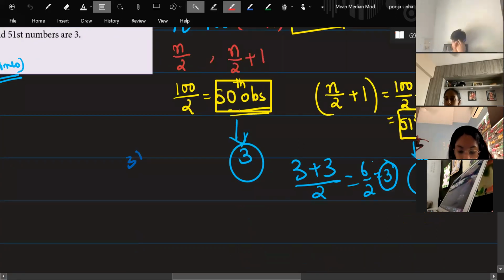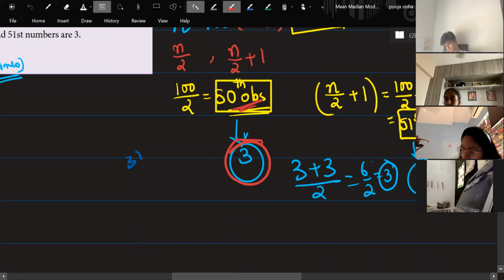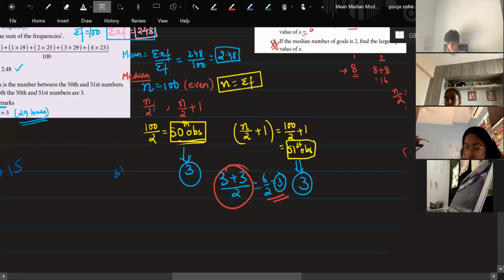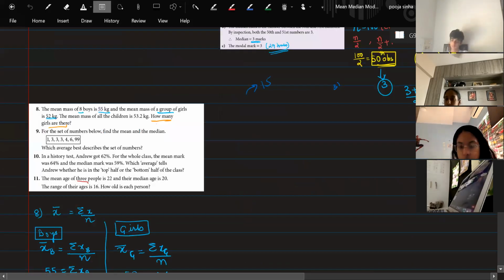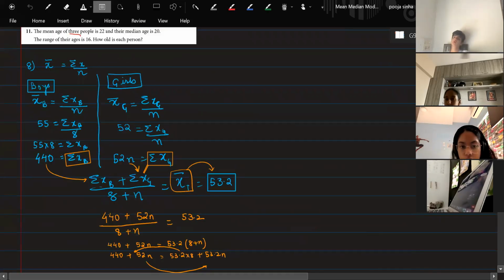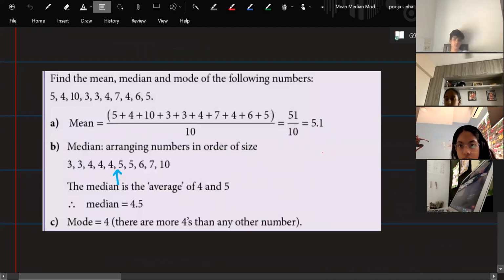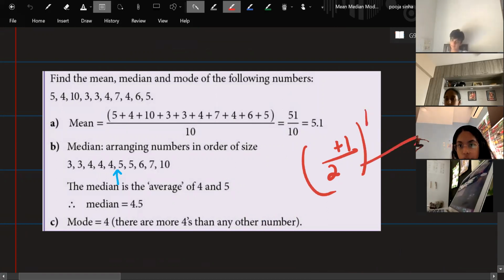So 50th observation was 3, 51st was also 3. So average of 3 and 3, you got a 3 only, right? But what do you do for odd? When n is odd, you do straight away n plus 1 upon 2th observation. This is what you do for the odd ones.